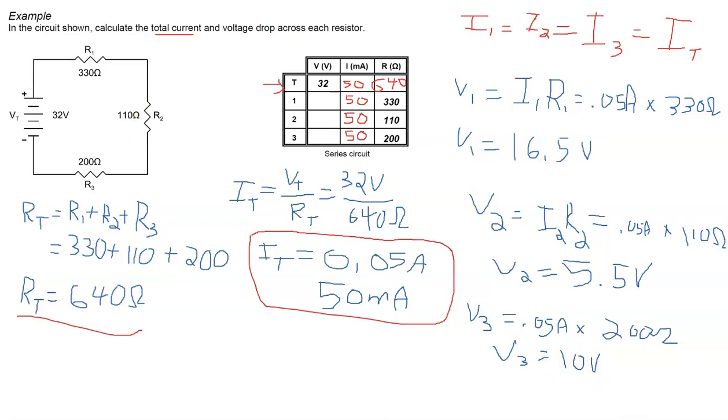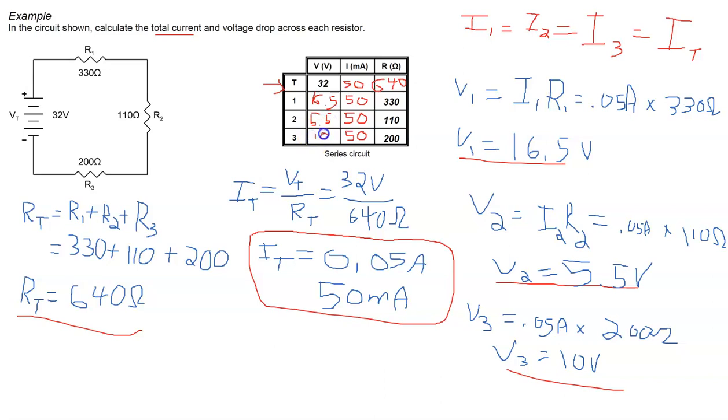Okay, so now we have V1, V2, V3, and so if I can put them in the table up here, 16.5, 5.5, and 10.